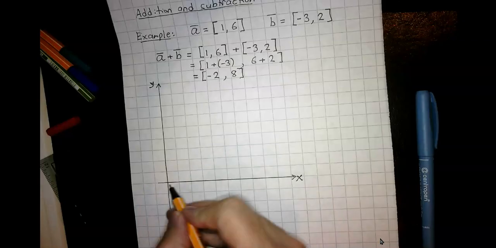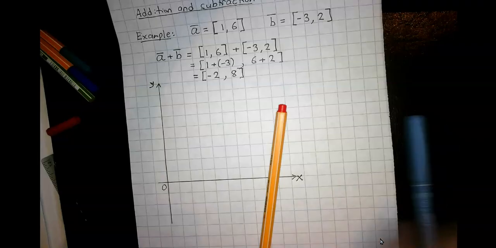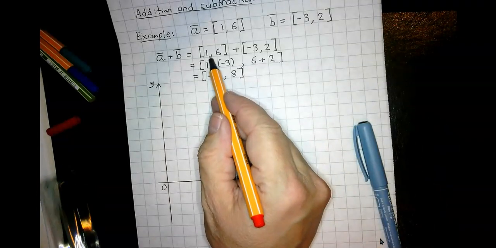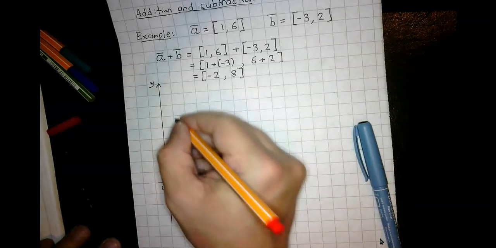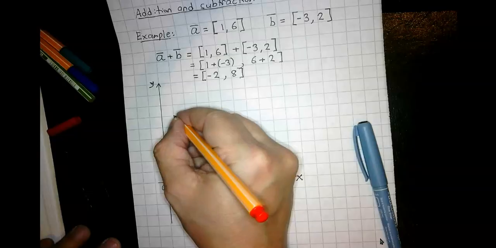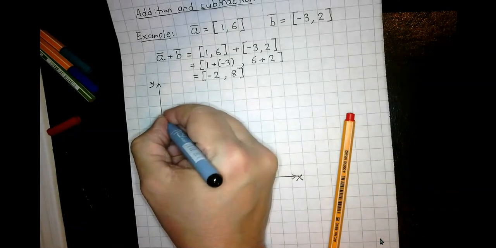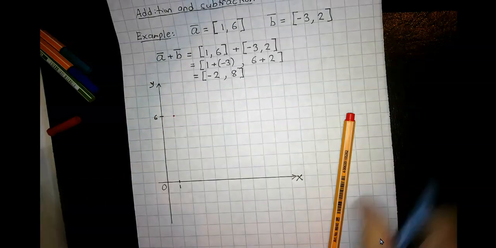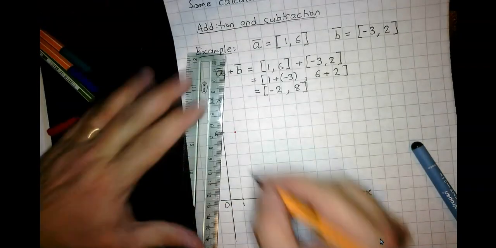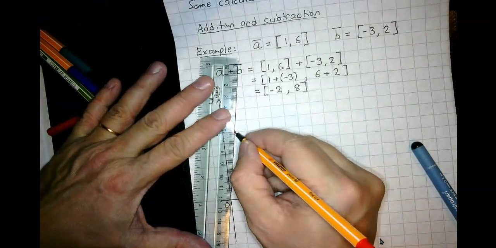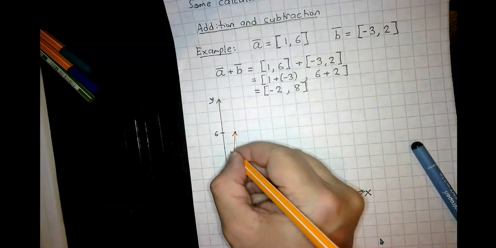So it starts from the origin and it ends at this point, 1, 6. So x coordinate is 1 and y coordinate is 6. So it will end here. So here we will have 1 and here we will have 6. So the A vector or vector A is this vector. This is A.